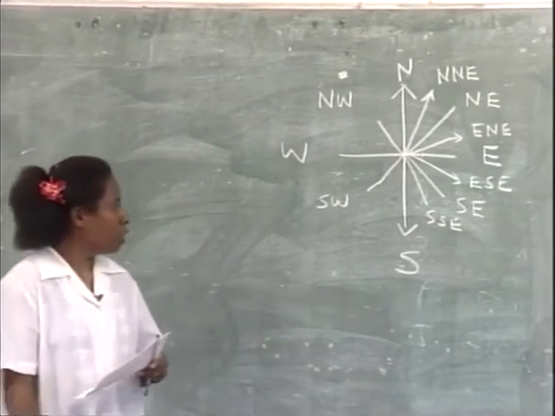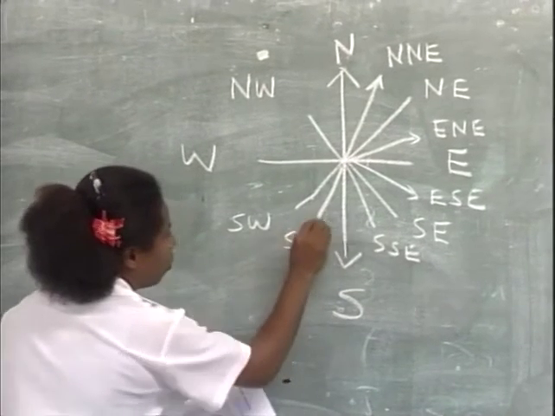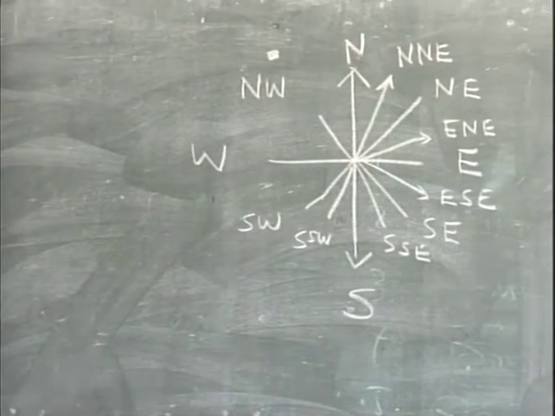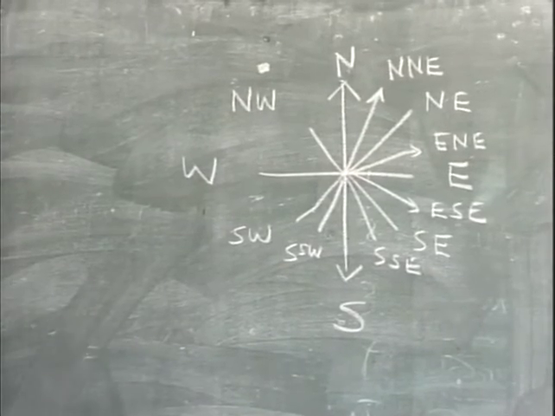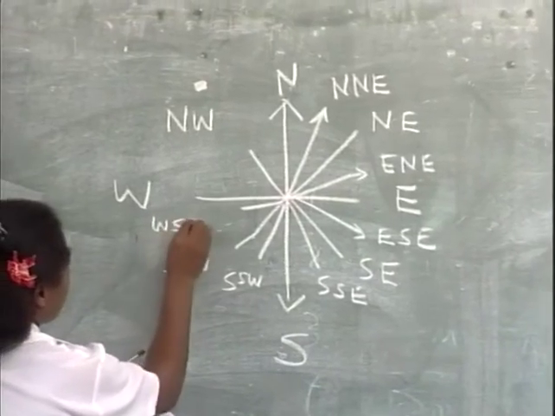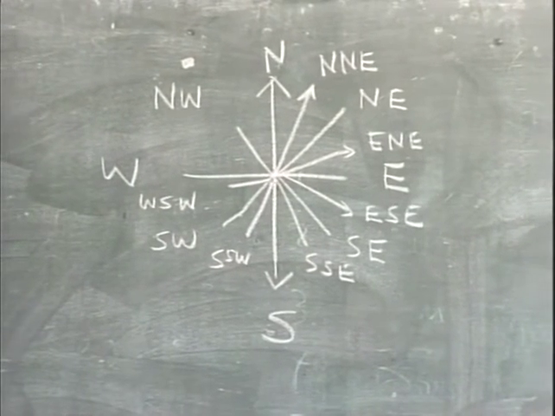Okay, direction between south and southwest. South-southwest. Okay, we have south-southwest. Good. Direction between southwest and west. West-southwest. Okay, good. Direction between west and northwest.